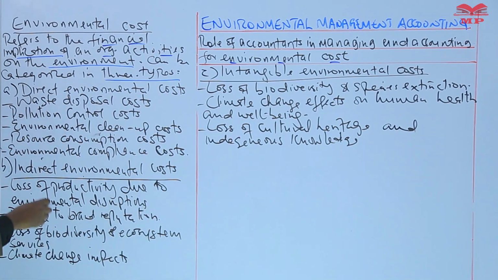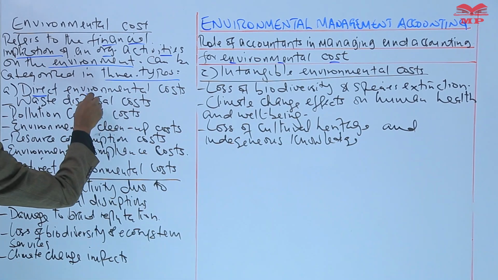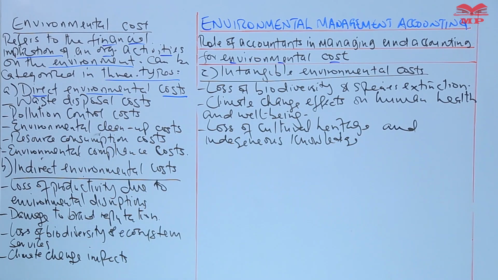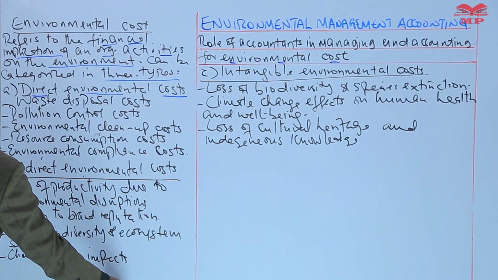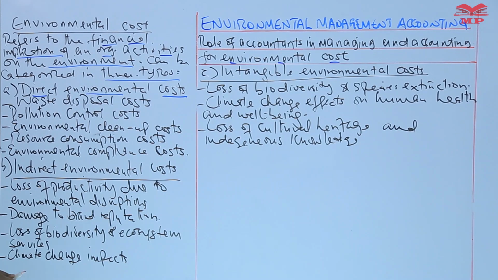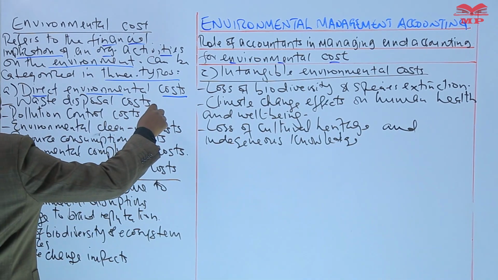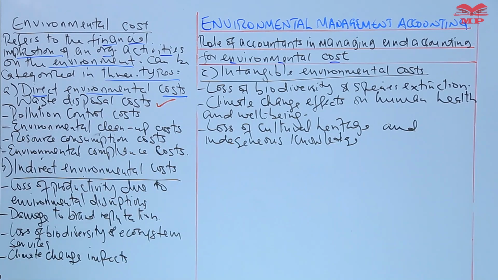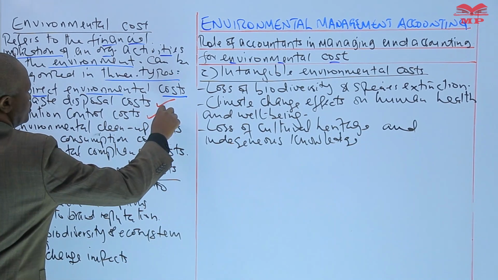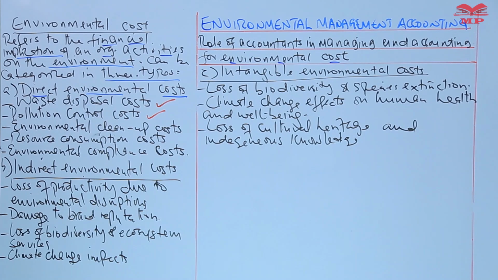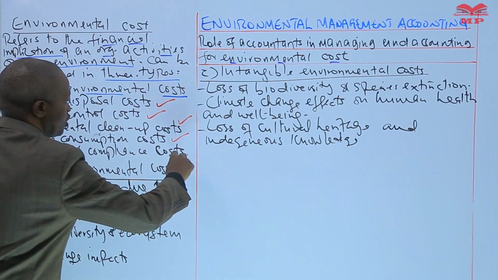The first one being direct environmental costs. We've highlighted direct environmental costs: wastage or waste disposal costs, pollution control costs, environmental cleanup costs, resource consumption costs, and environmental compliance costs.